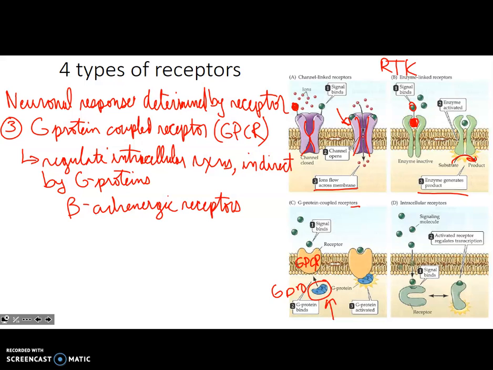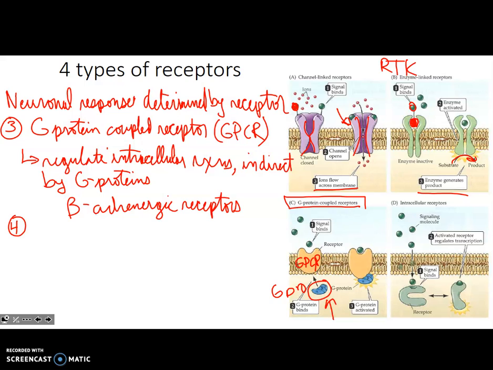These are all G protein coupled receptors. I think something like 50% of drugs that target the nervous system target G protein coupled receptors. So this is going to be a huge focus for us, okay, as we go forward in this chapter.